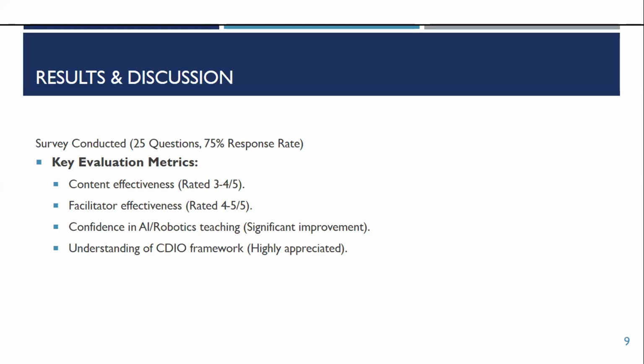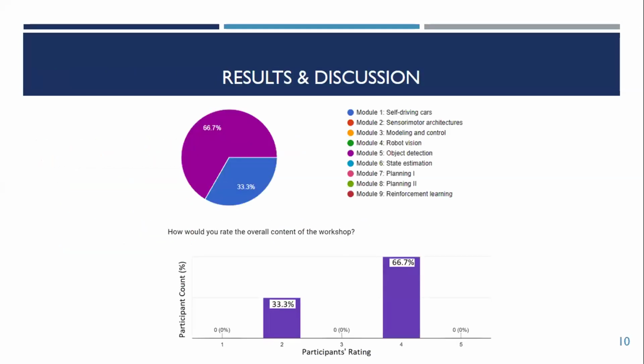We tested the content effectiveness of the workshop, the facilitator effectiveness, the confidence in AI and robotics teaching that the participants felt after attending the workshop, and how good an understanding of the CDIO framework they had after attending. I'll present the results in a few slides, and these results highlight the success of our workshop in engaging AI and robotics education for the educators.